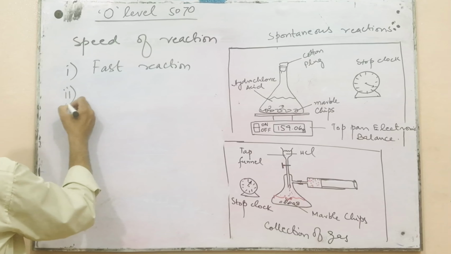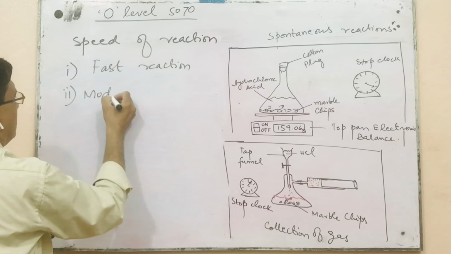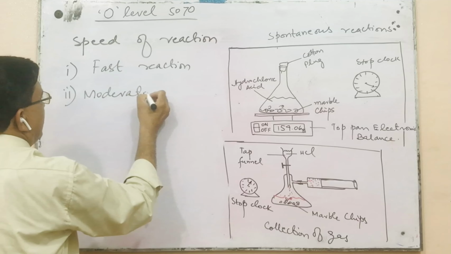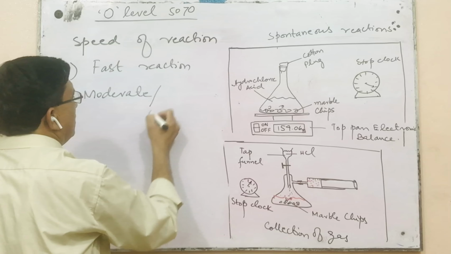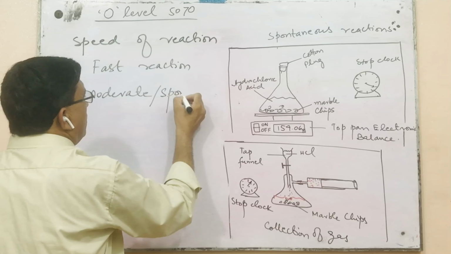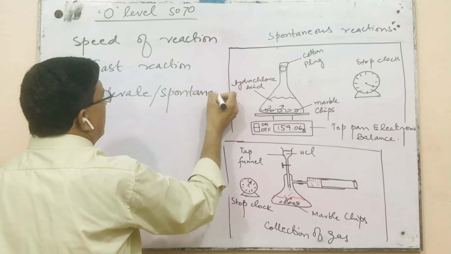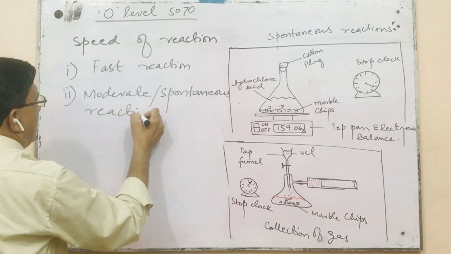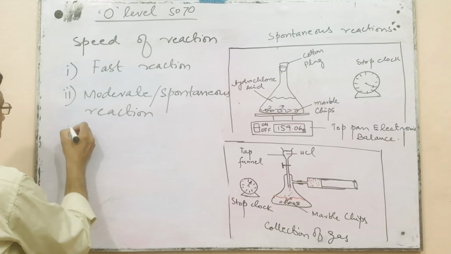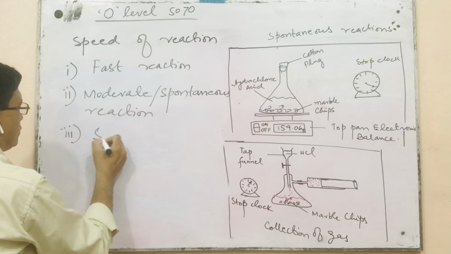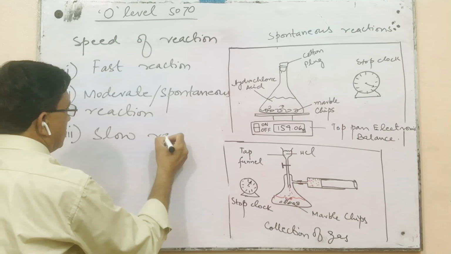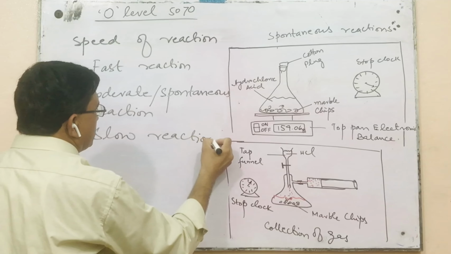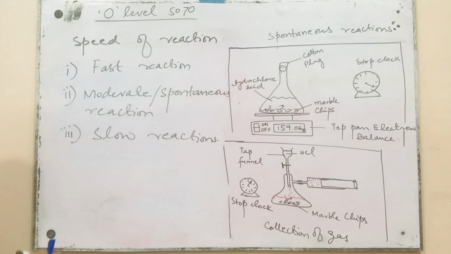Second are moderate or spontaneous reactions. And the third one are slow reactions. In our daily life, we observe all of these.